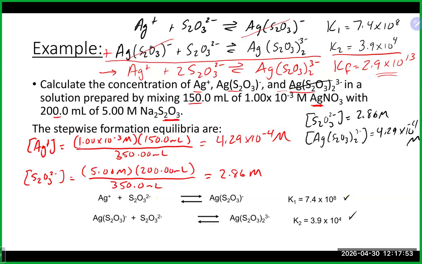Now, at this point, you do have a couple of options as to where you want to go next. So I'll show maybe both options here. I'm going to choose at this point to go for this guy's concentration next. And the reason I'm going to choose to do that is I actually have the stepwise formation here that we did earlier. And off of my first ICE table I just did, I now have this guy's concentration. I have this guy's concentration.